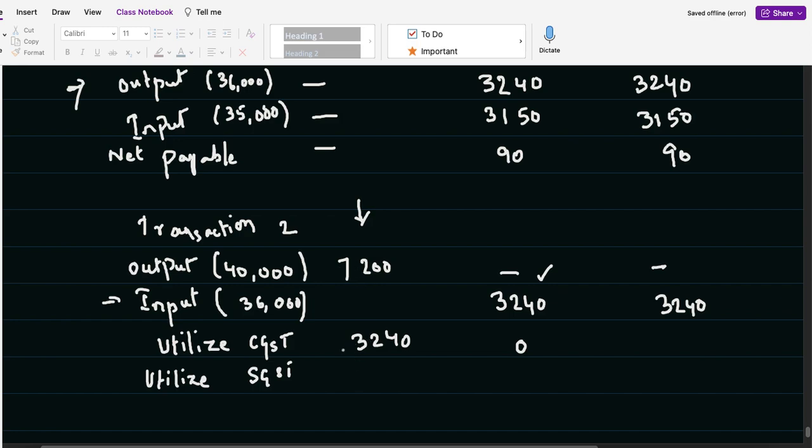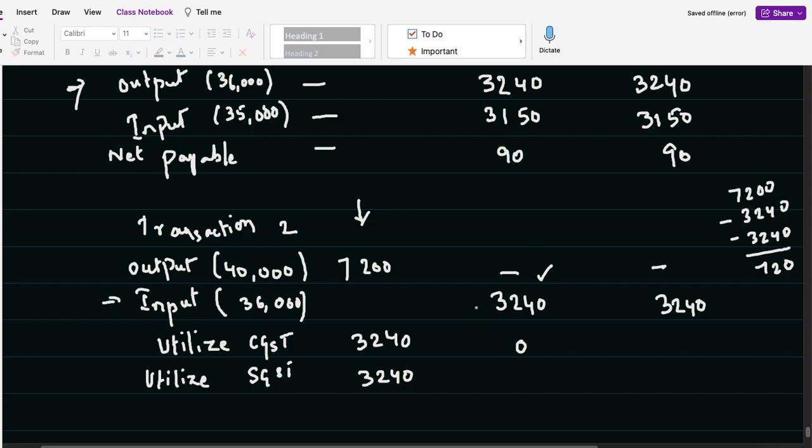So whatever is remaining from 7200 minus 3240 minus 3240, he can pay with SGST also. So now after paying, everything is gone, still he has some amount of money. What is that amount? 720, which he got extra from the end customer. Understood? He got this extra 720.